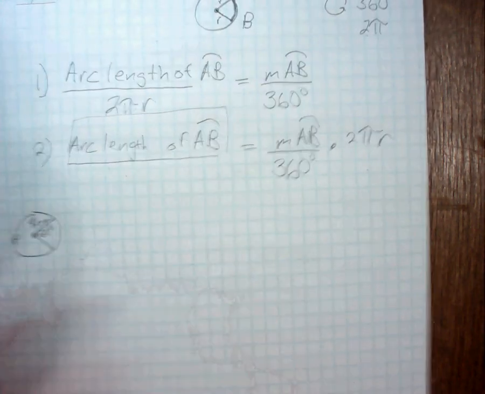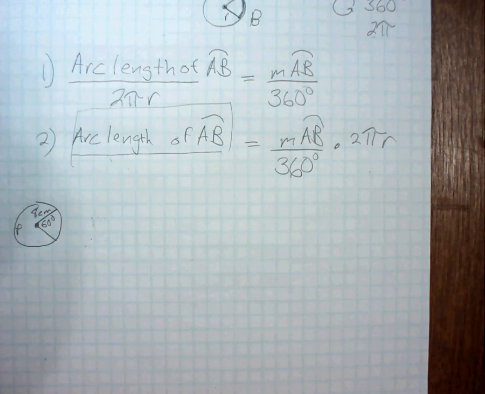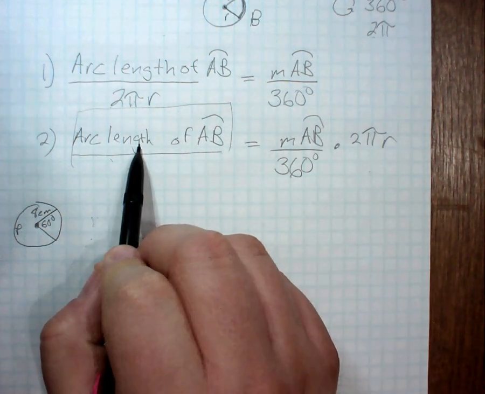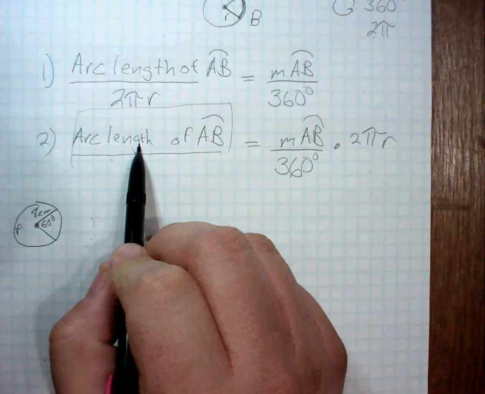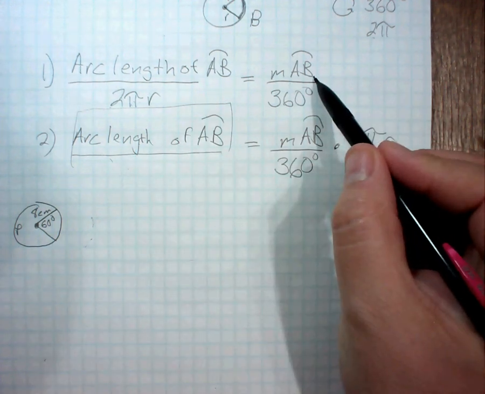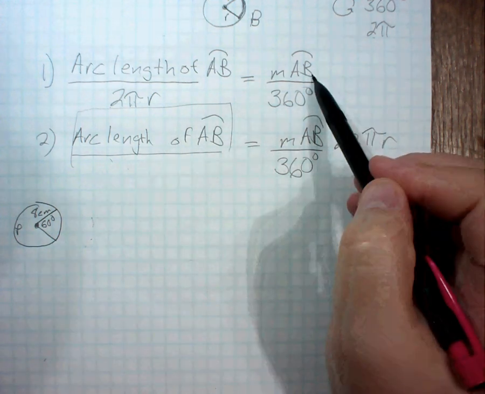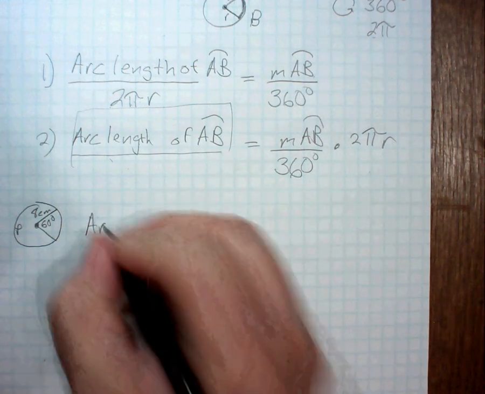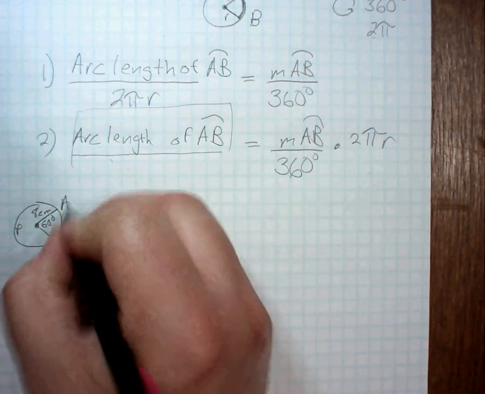So let me clarify this too, because Mr. Adams, even as a math teacher, I accidentally used these differently. This is the measurement of the length in units, like centimeters, inches, feet. This is the measurement based on the central angle, and that's in degrees or in radians. Well, this is always in degrees. Okay, so if I want to find the arc length, and we'll call this A, and we'll call this B.